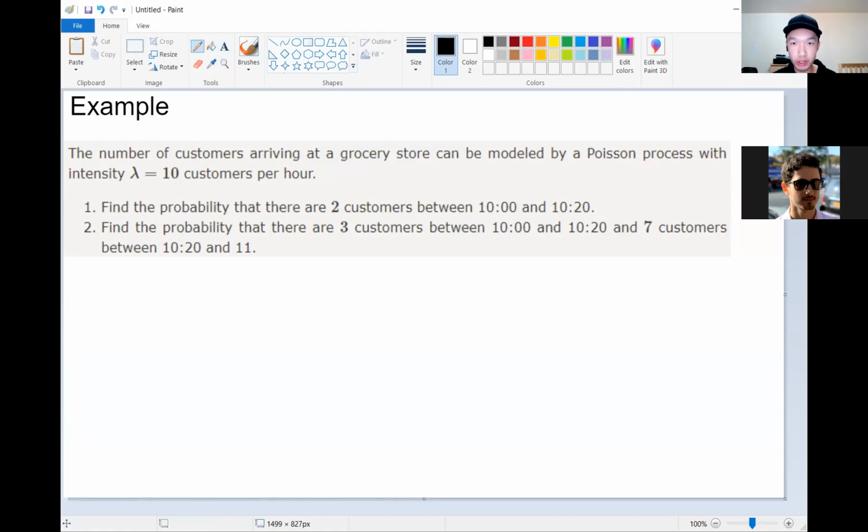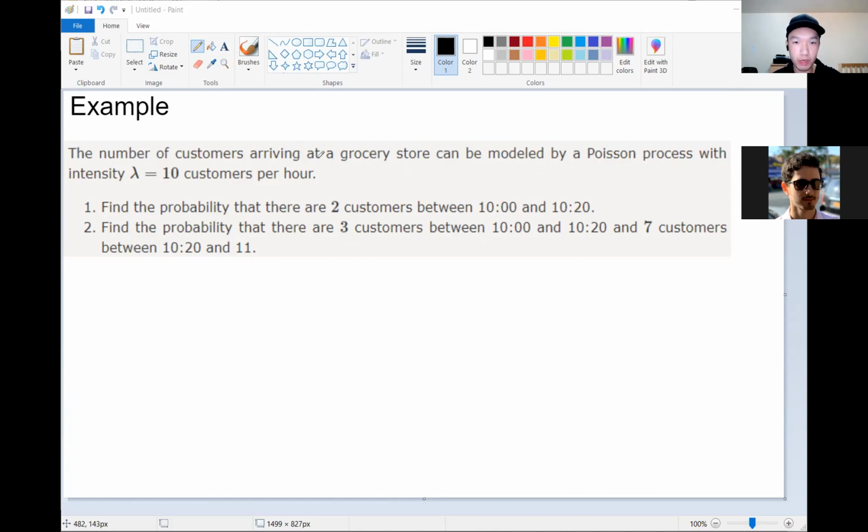So this question is not analyzing accidents or tsunamis or catastrophes or things like that, but rather it's modeling the number of customers arriving at a grocery store, which is pretty interesting. Usually one of the more common things that's modeled with a Poisson process. So yeah, let's try this.